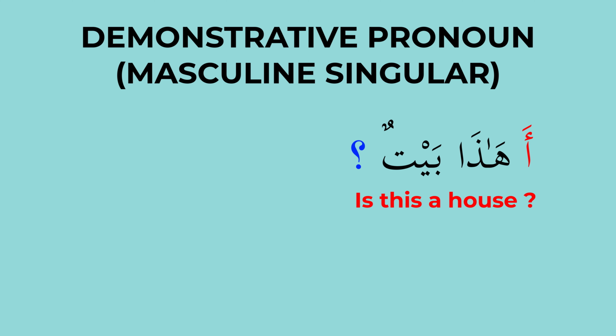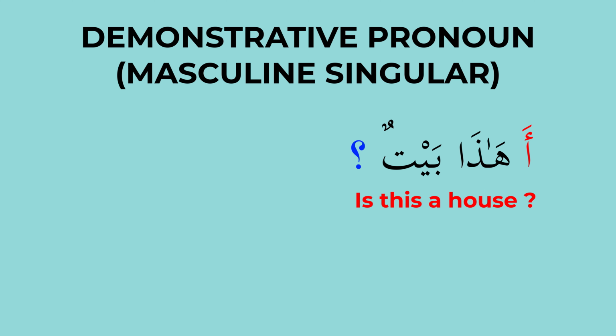Is this a house? So putting Hamza in front of a statement changes it into a question. Are you with me? No other changes. Just by putting Hamza in front of a sentence, you change it into a question. Are you with me, brothers?